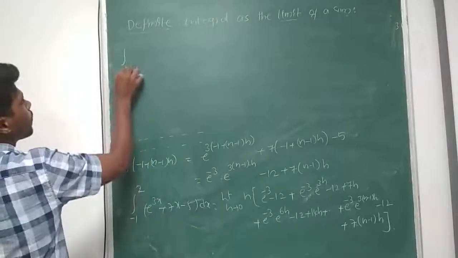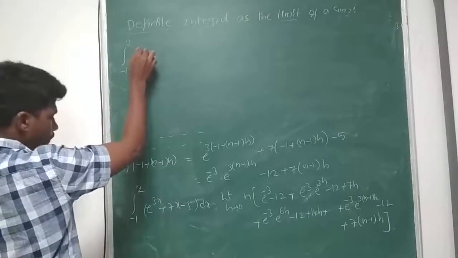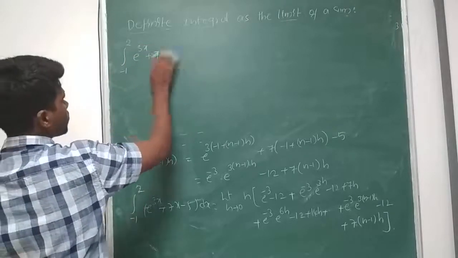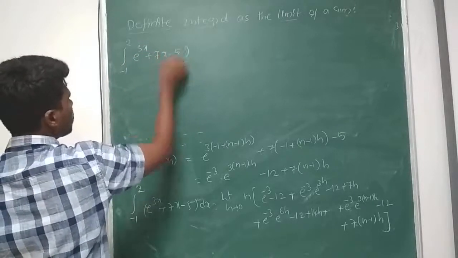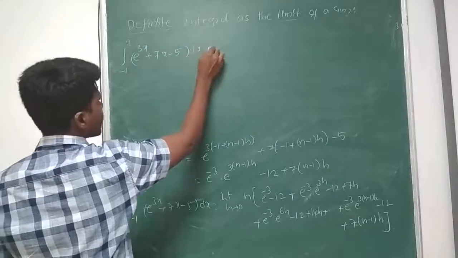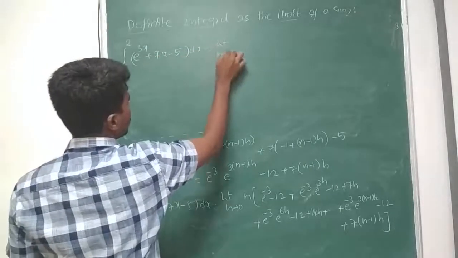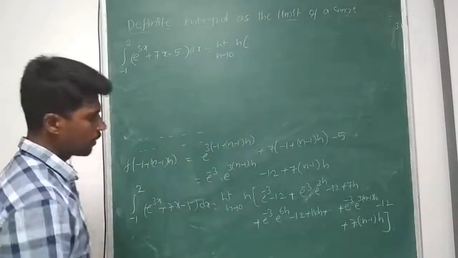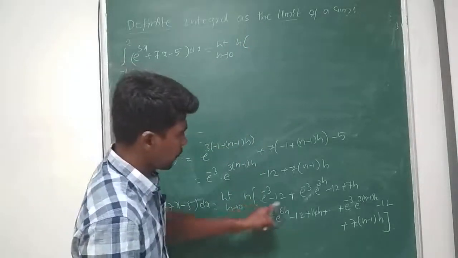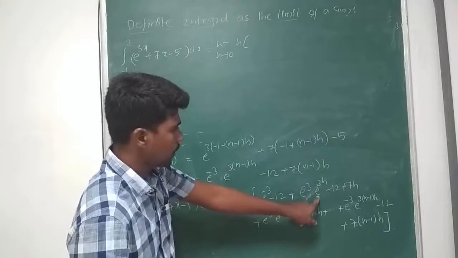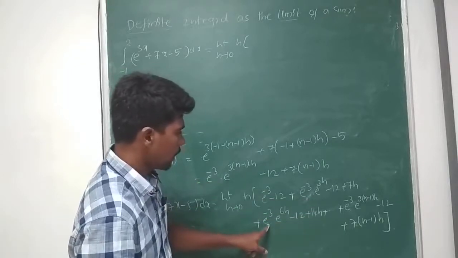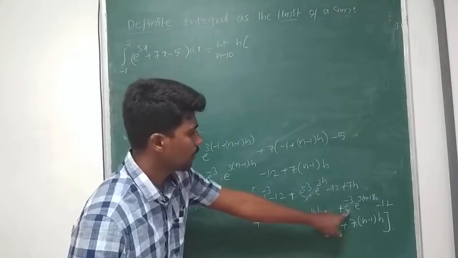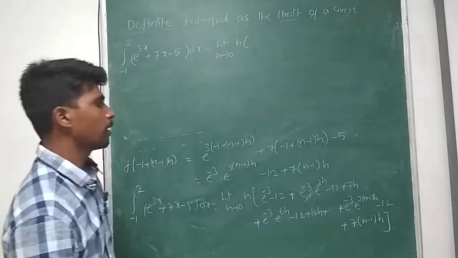Integral from minus 1 to 2 of e power 3x plus 7x minus 5 dx is equal to limit h tending to 0 of h into. See, I have here e power minus 3, next e power minus 3 into e power 3h, e power minus 3 into e power 6h, and so on, e power minus 3 into e power 3 into (n minus 1)h.